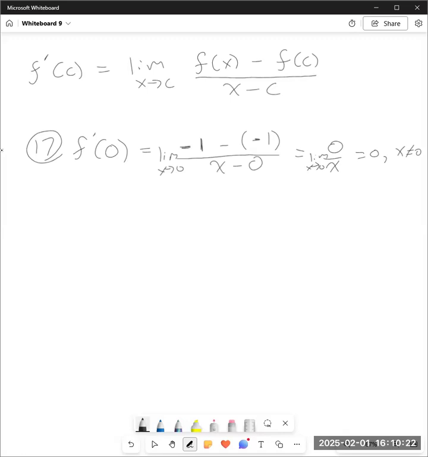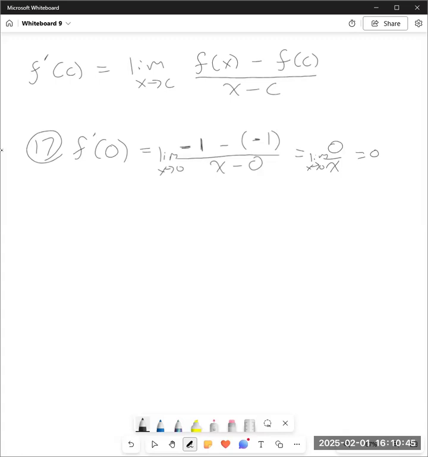So the limit is going to be 0. Now that one's hard because normally you think 0 over 0, you would plug in and say, I don't know, that's undefined. But as long as 0 is divided by any non-zero number, which is what's happening, as you get close to 0, it's going to be 0.